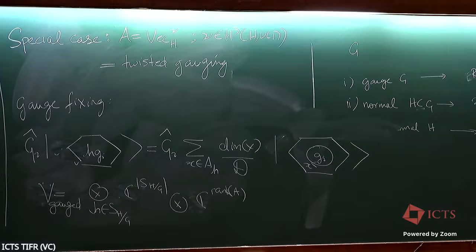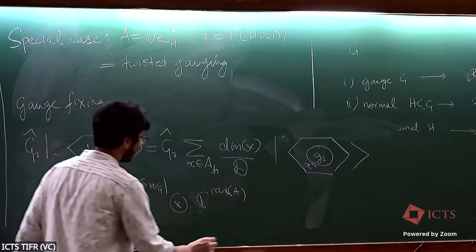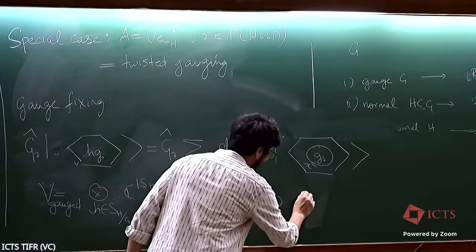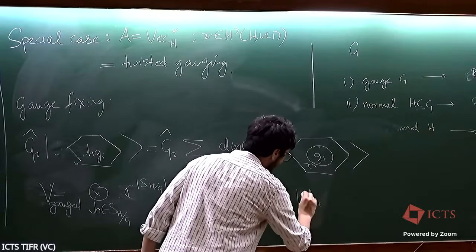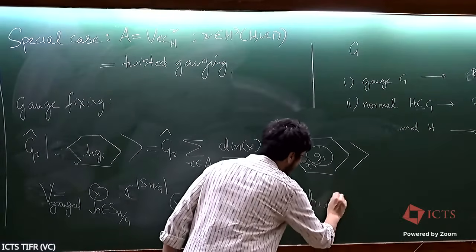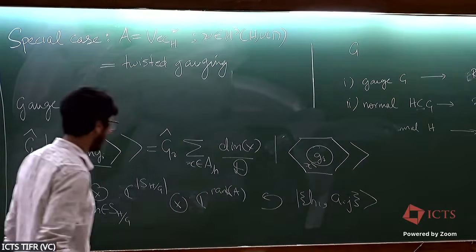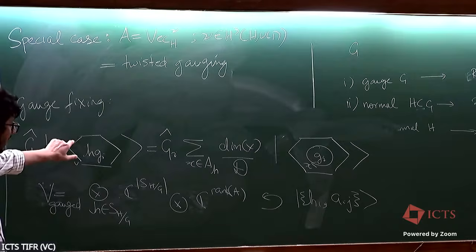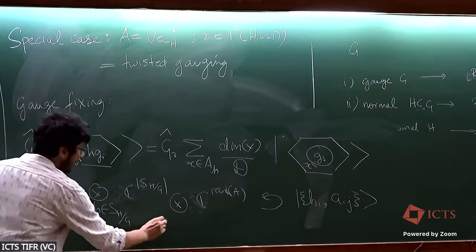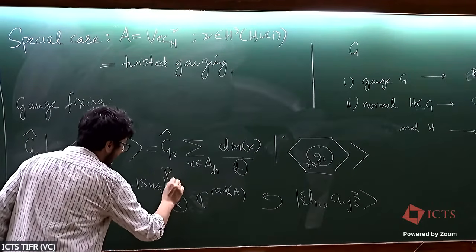States in the state space are labeled by HI, which are representatives of right cosets, and objects on the edges, and these objects then also satisfy this fusion constraint.